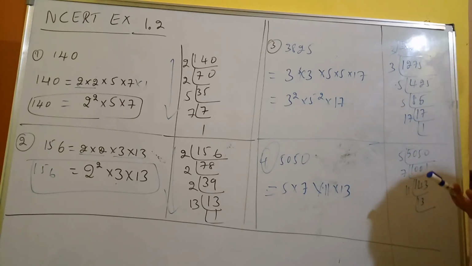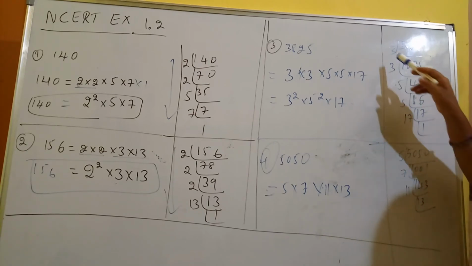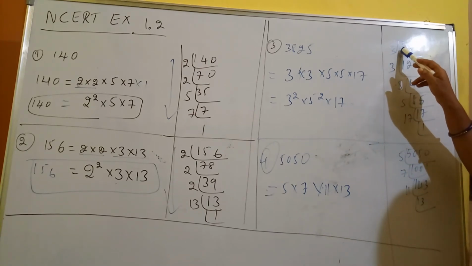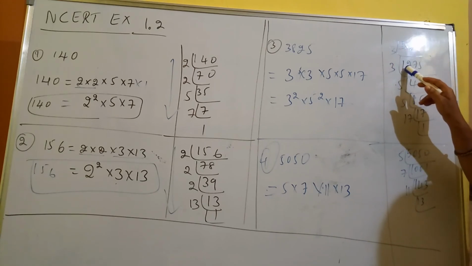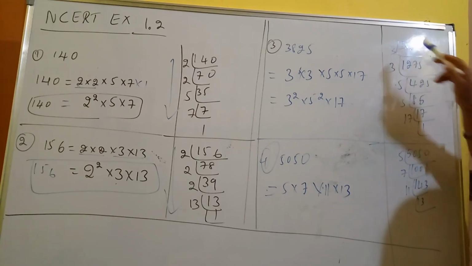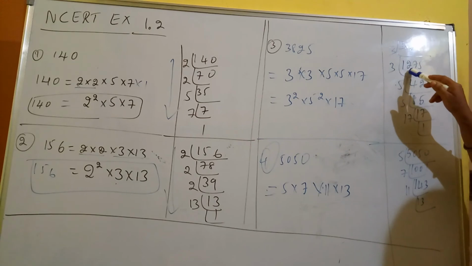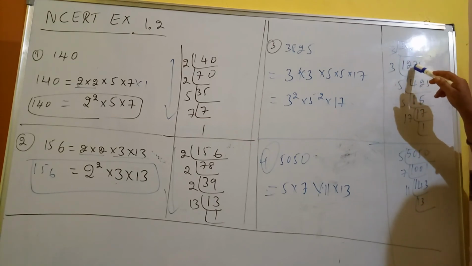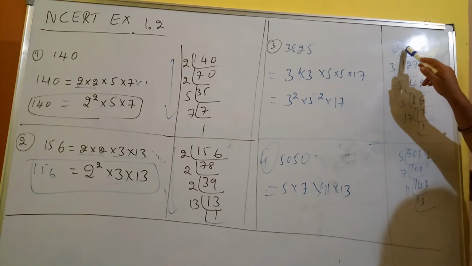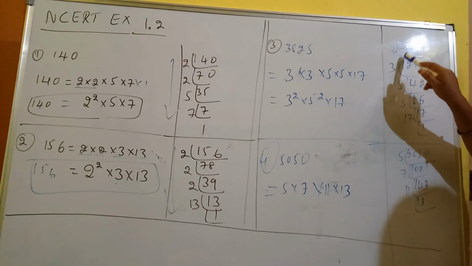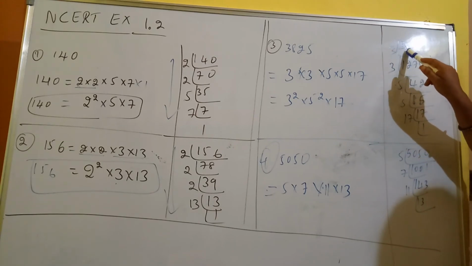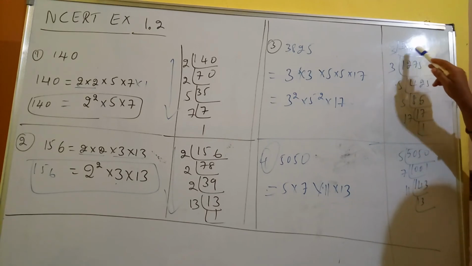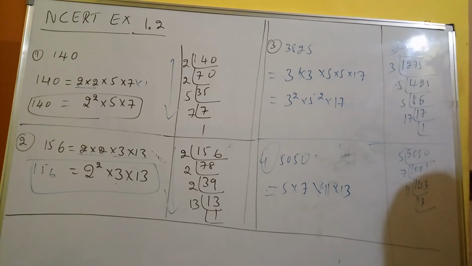So we have to divide by 5, 3, 7, odd numbers only. Then we divide 3825 by 3: 3 ones are 3, again 8 will be left, 3 2s are 6, again 3 7s are 21, 3 1s are 3, again 3 2s are 6. Again what will be left here? 20, 3 7s are 21, 1 will be left, 3 5s are 15.